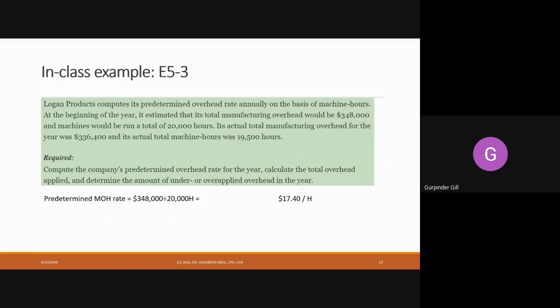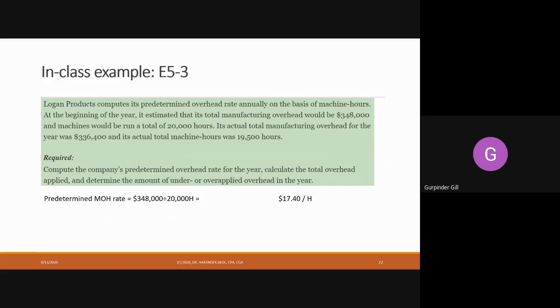So total estimated manufacturing overhead cost of $348,000 divided by 20,000 machine hours gives us a predetermined manufacturing overhead rate of $17.40 per machine hour.